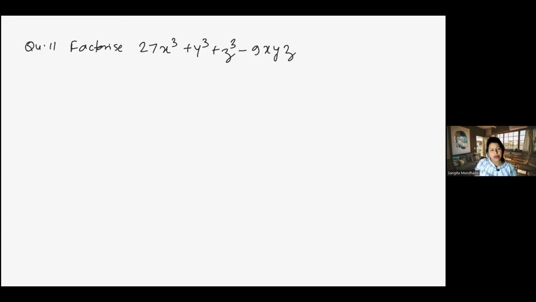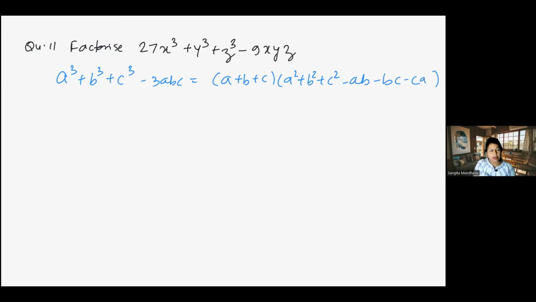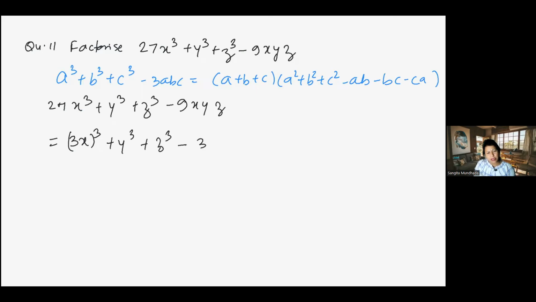For solving this question, you should learn this identity: a cube plus b cube plus c cube minus 3abc is equal to first bracket a plus b plus c, second bracket a square plus b square plus c square minus ab minus bc minus ca. 27x cube plus y cube plus z cube minus 9xyz can be written as 27 is the (3x) cube plus y cube plus z cube minus 3 into 3x into y into z.